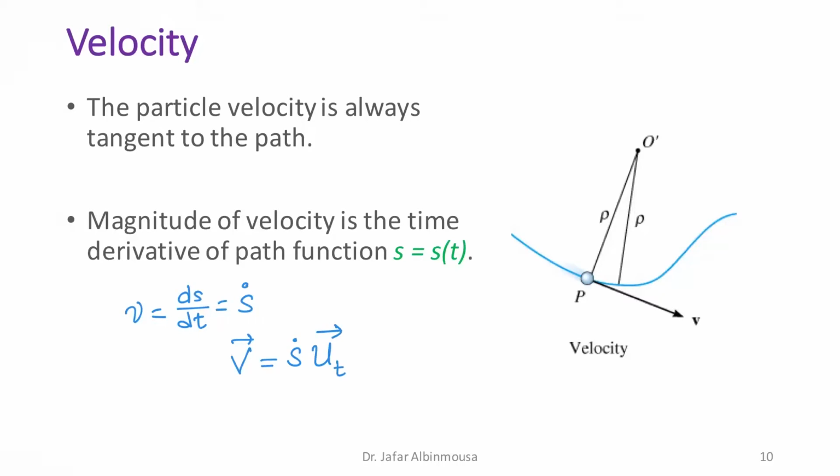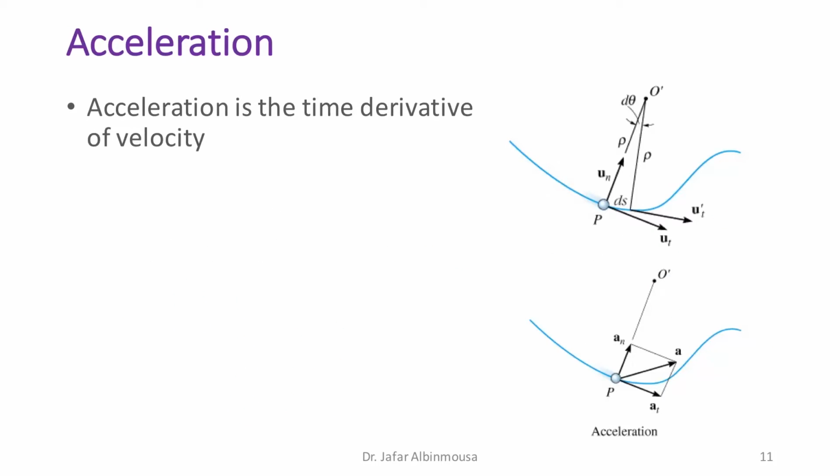S dot is the velocity, so I can write this as v equals v ut, where ut is the unit vector, because we said that this is the velocity vector and this is ut, the tangent unit vector. Now, as we all know, the acceleration is the time derivative of the velocity.